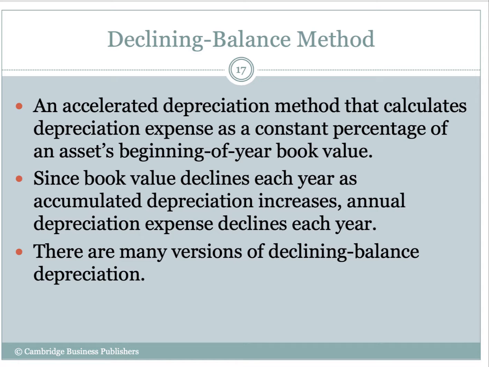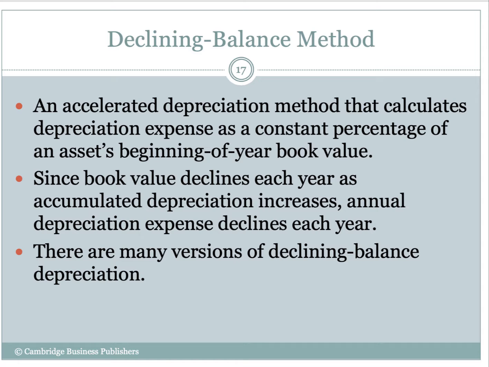But in straight line, we took a constant dollar amount. It was $1,500 each year. With accelerated depreciation or declining balance, we're using a constant percentage of the asset's beginning book value.